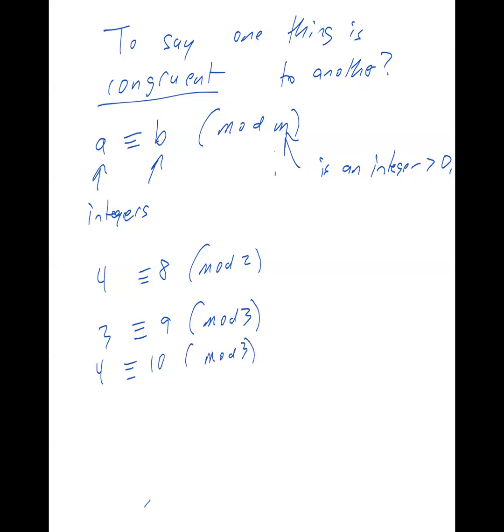And that's true as well. Because 4 is not divisible by 3, and the amount to which it's not divisible is a remainder of 1. 10 is also not divisible by 3, and the remainder is also 1. So those are congruent to each other, because the amount by which they're not multiples of 3 is still the same.